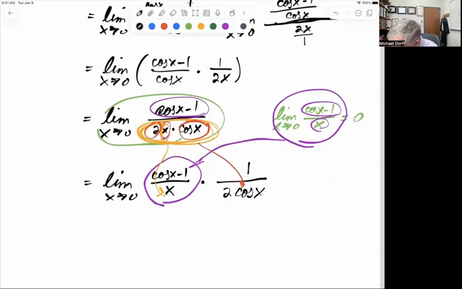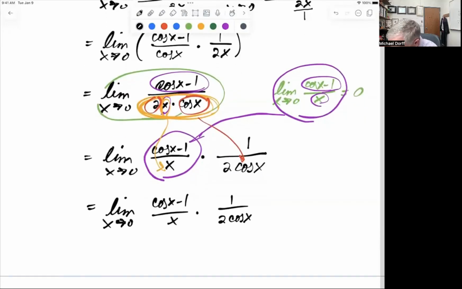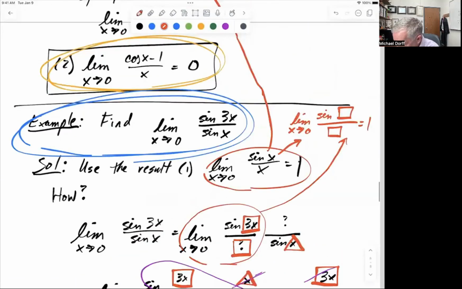Now, what are these limit values? Let me rewrite it so it's a little clearer. I've got the limit as x goes to 0 of cosine x minus 1 over x times 1 over 2 cosine x. Now we do direct substitution, or we can use the limit laws. This limit here is equal to 0 by limit law number 2 that we had up here in orange.